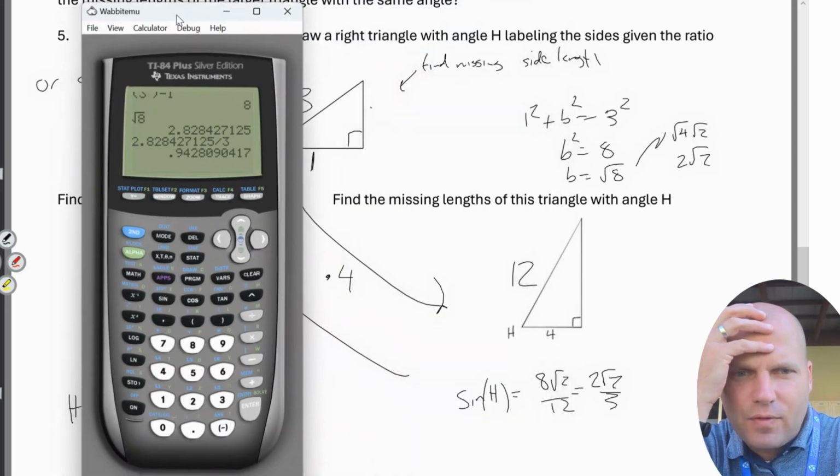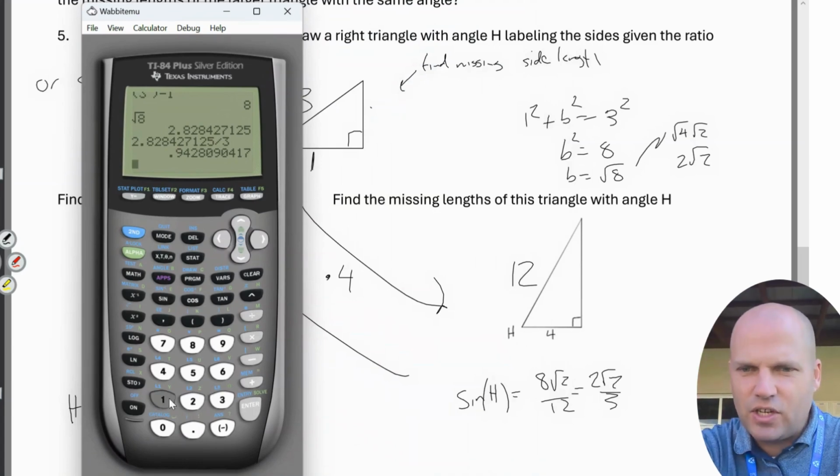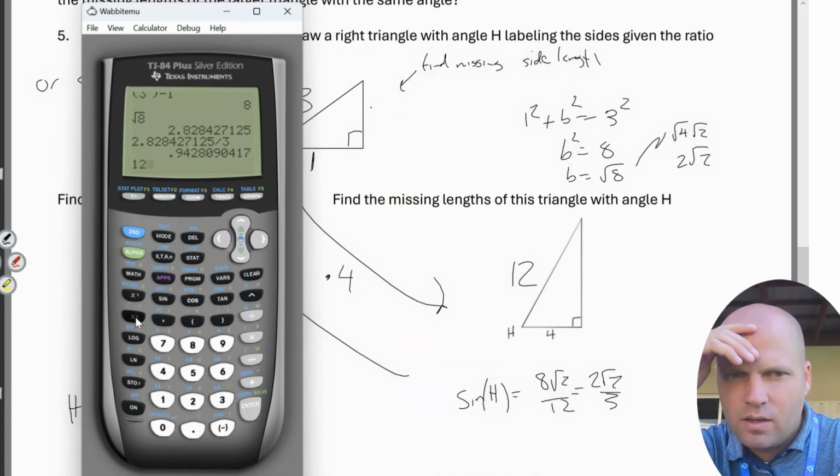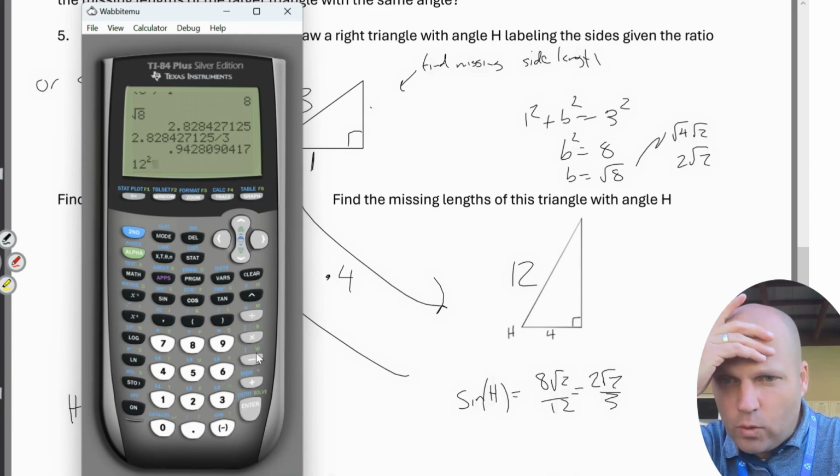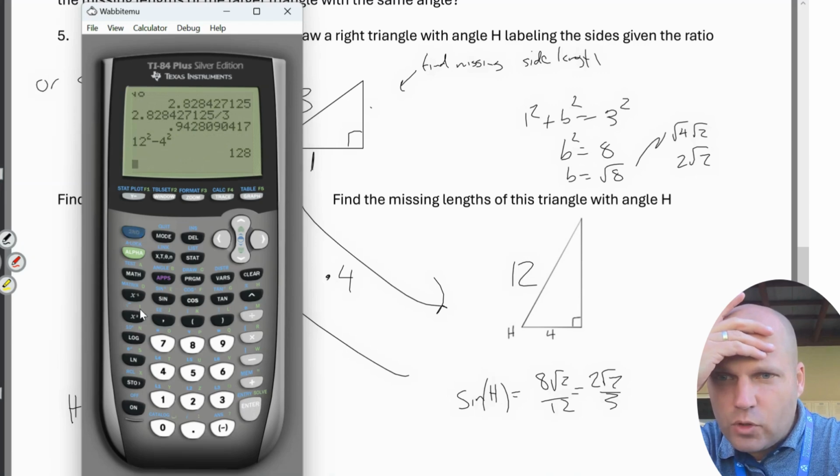You could have used the Pythagorean theorem here. Okay, right? So you got 12 squared minus 4 squared, and you would have square rooted 128.